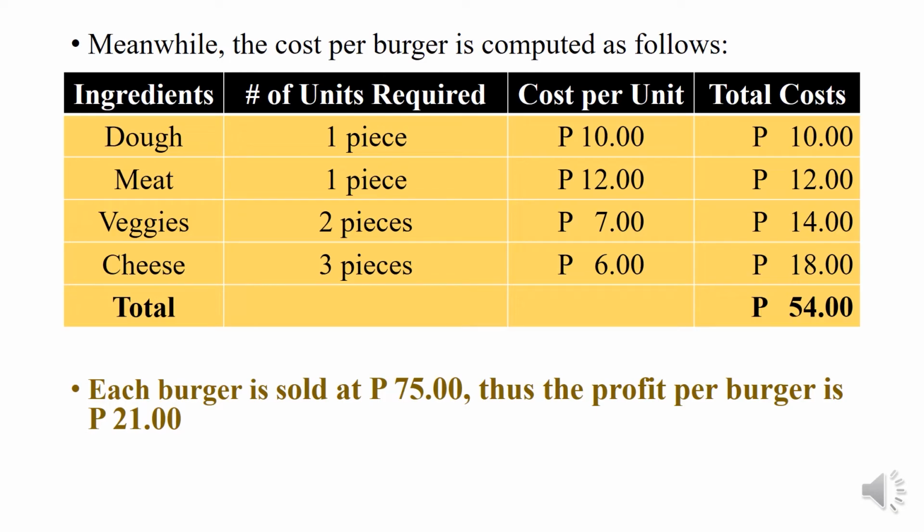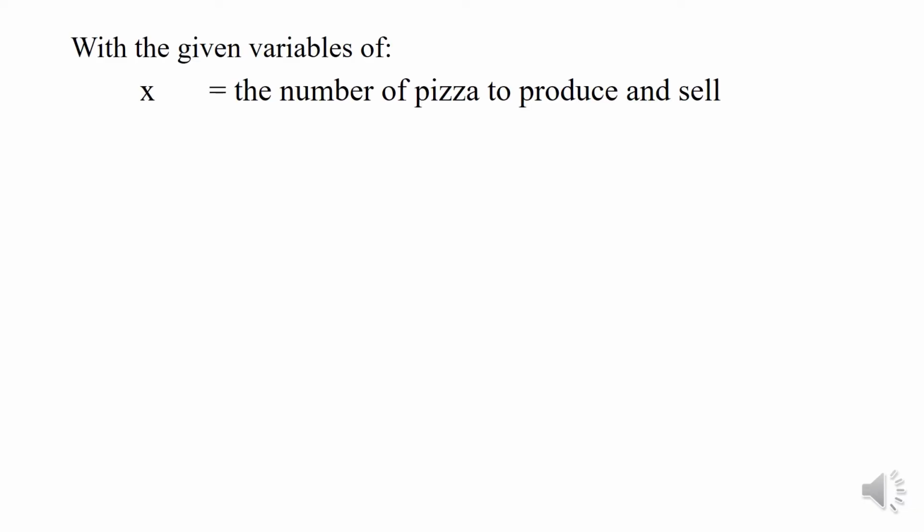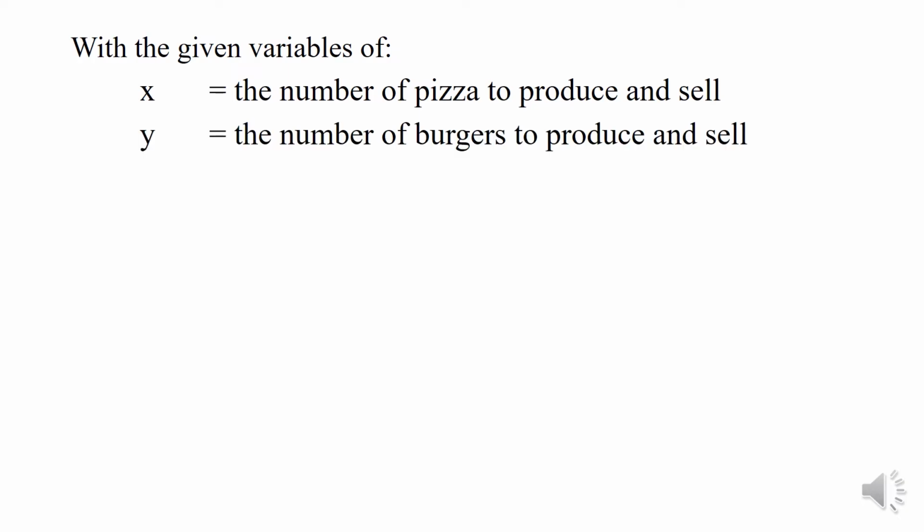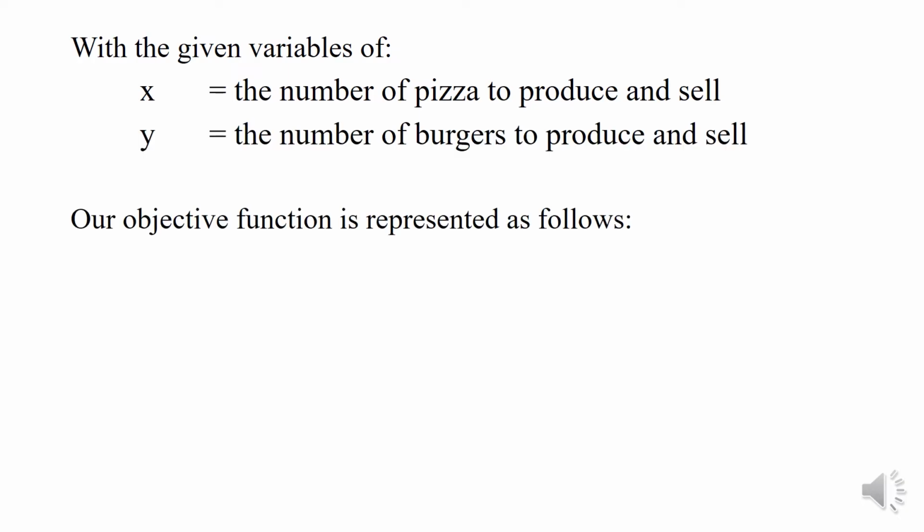The next step is to determine our objective function. With the given variables of x as the number of pizza and y as the number of burgers produced and sold, our objective function is represented as follows: Z = 25x + 21y. This can be interpreted as to maximize Z. Z is our maximum profit.